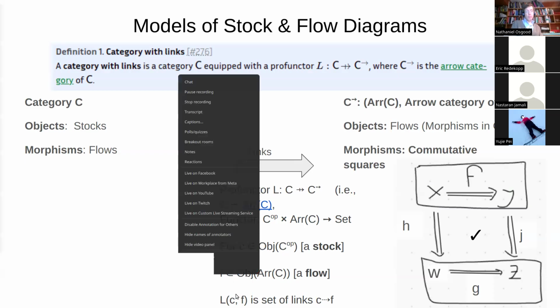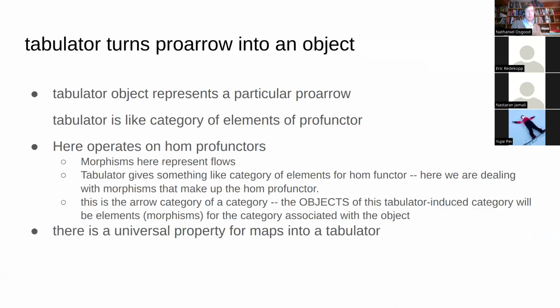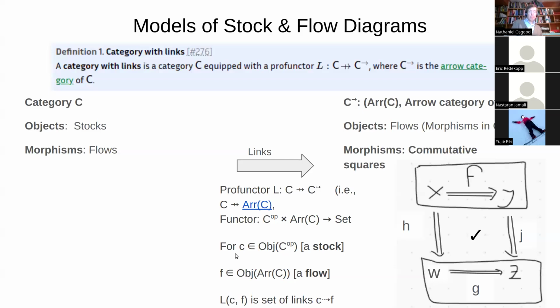So let's think that through a little bit, right? Let's see how it operates on objects. Well, a functor maps objects to objects. What's an object in this category? Well, it's a pair of an object from C op and an object from the arrow category of C. So what's an object in C op?